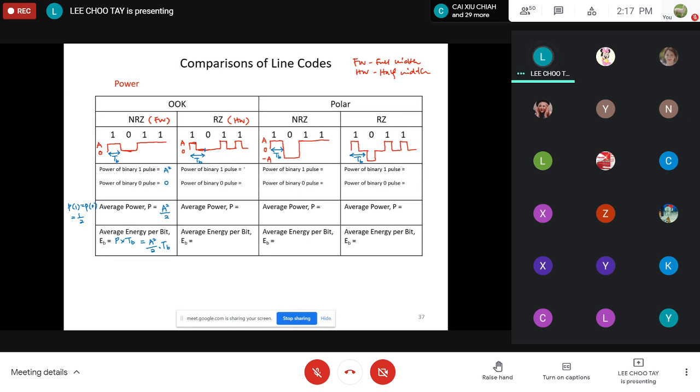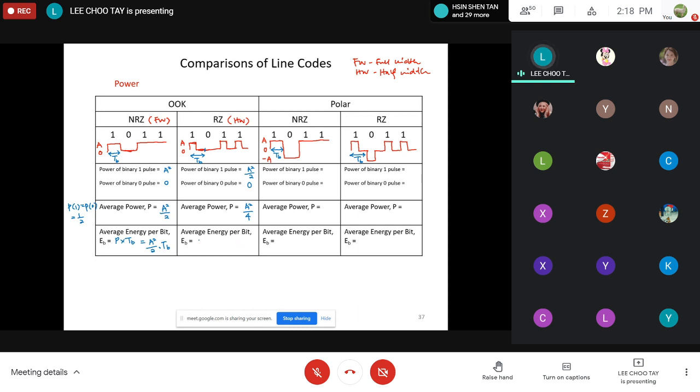Because the pulse only lasts for half of the bit duration, now the power needs to be divided by 2, A square over 2, isn't it? And then the power used to transmit binary 0 is 0 because we never send any pulse. So the average power, again, add these two up, divide by 2. That will give you the average power of A square over 4.